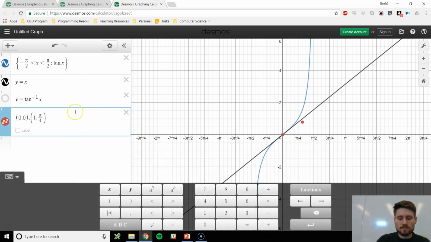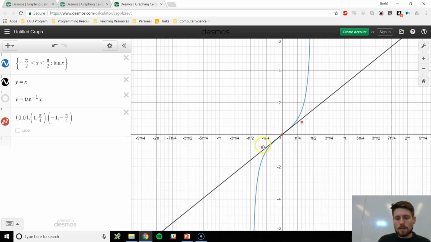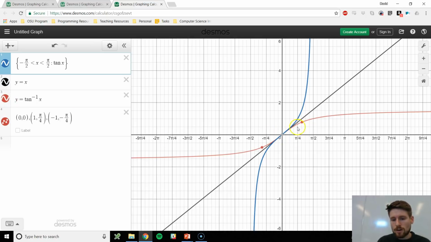That's another nice value, so (-1, -pi/4). Oops, that should be negative. These are all points on the inverse function. And then there are other ones down here. We can swap them if we want to, but we'll go ahead and just graph the inverse of tangent in there. So note that the tangent's graph had this vertical asymptote at x equals pi over 2.